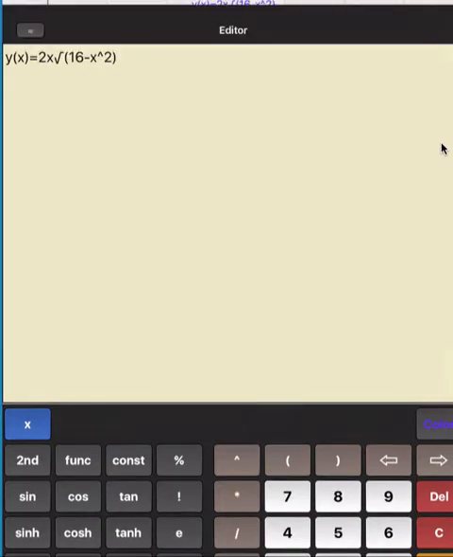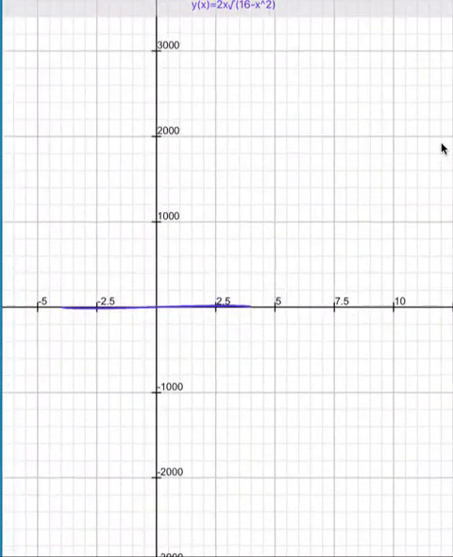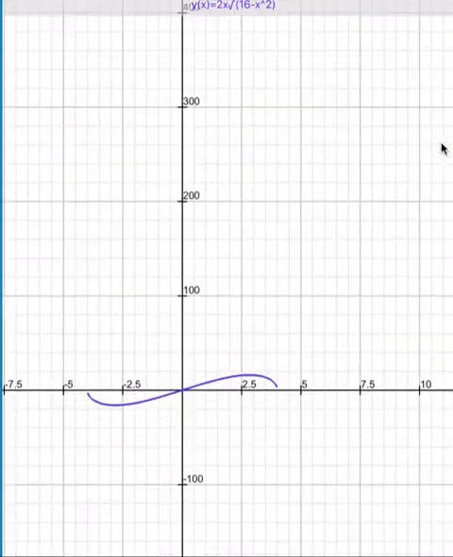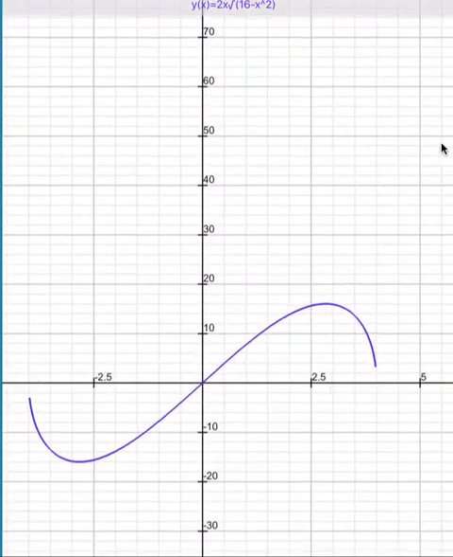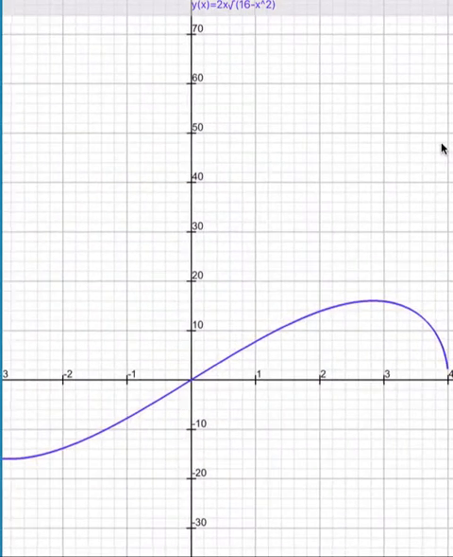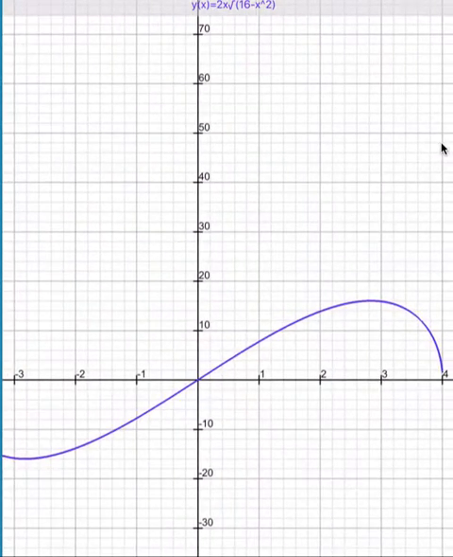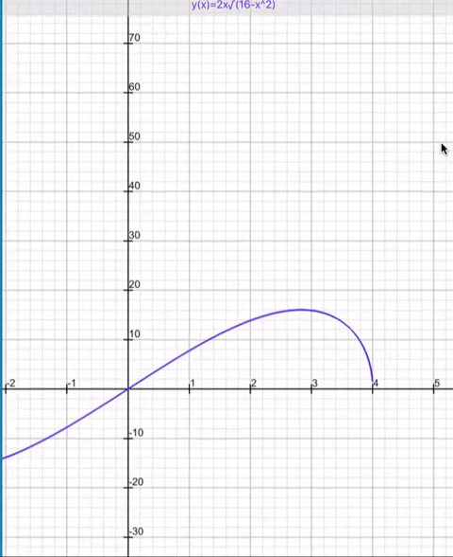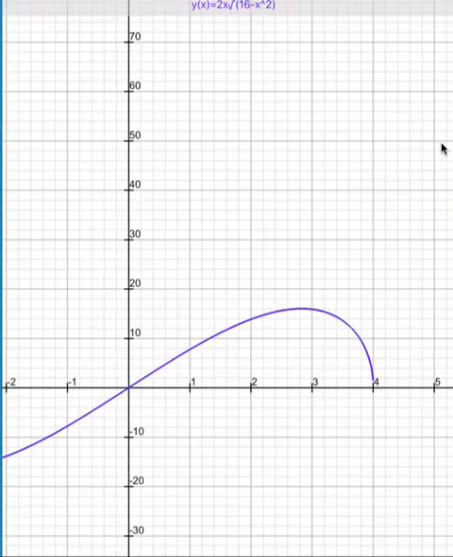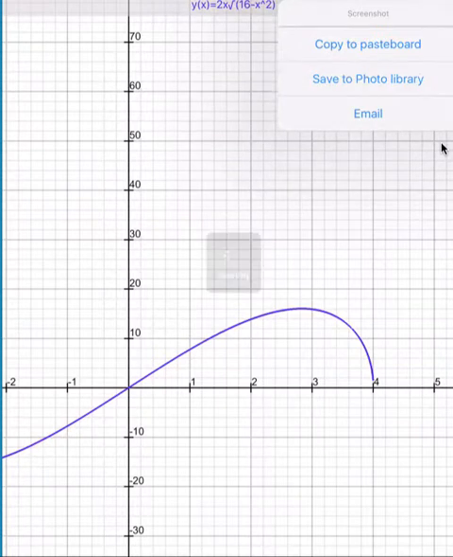When I look at the graph here, definitely need to expand this out. Remember, this is the piece we're interested in, the piece between 0 and 4. And we saw that this graph is yielding a maximum right at about 2.8.